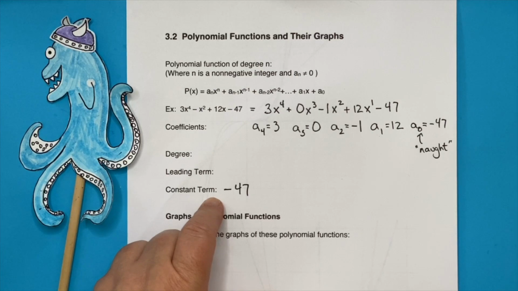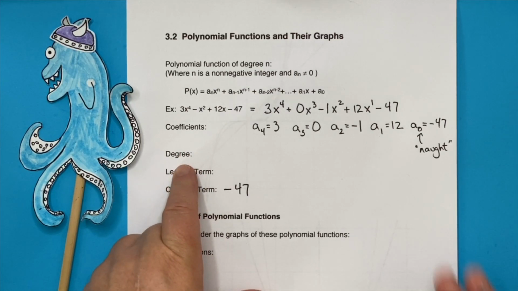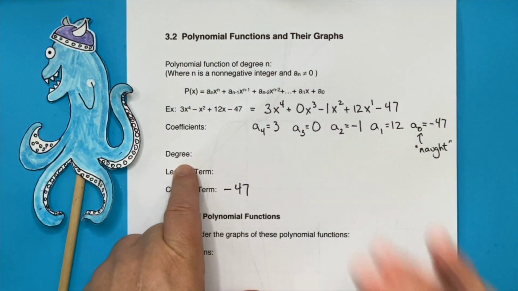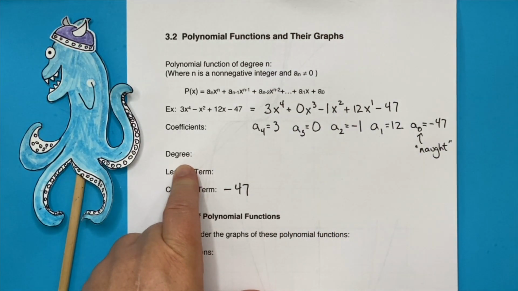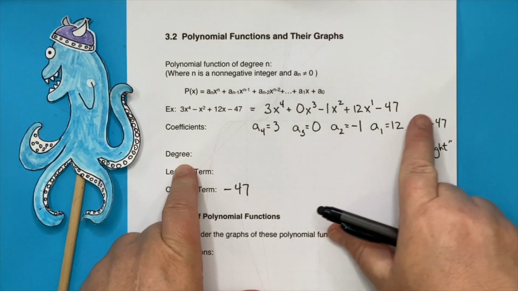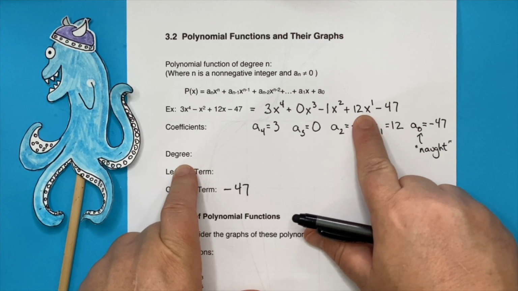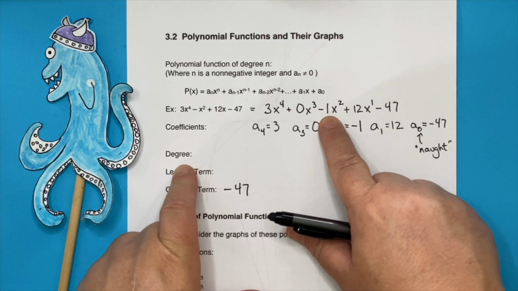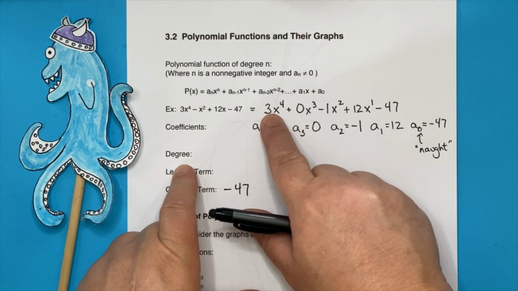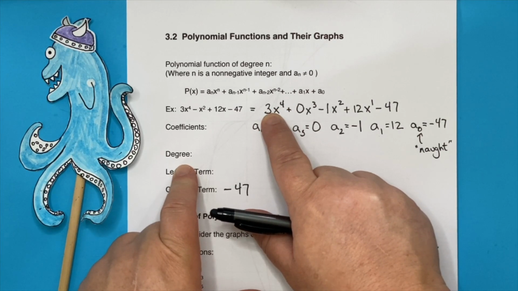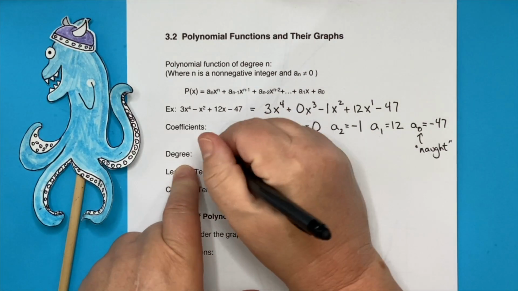Now, the degree of a polynomial is the greatest degree in the polynomial. So what are degrees? Basically, they look at the powers of x. So this term has degree 1, this term has degree 2, this term has degree 3, this piece has degree 4. The overall degree of this polynomial is 4.